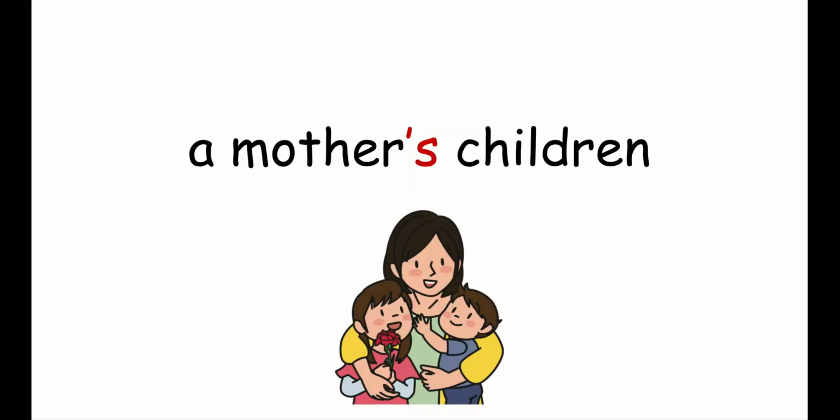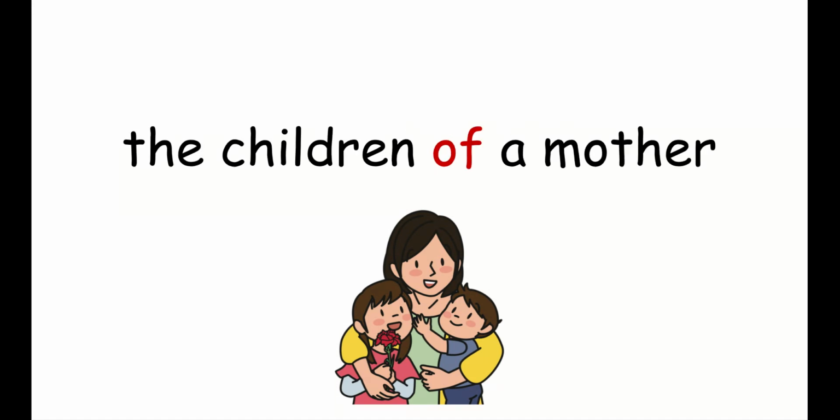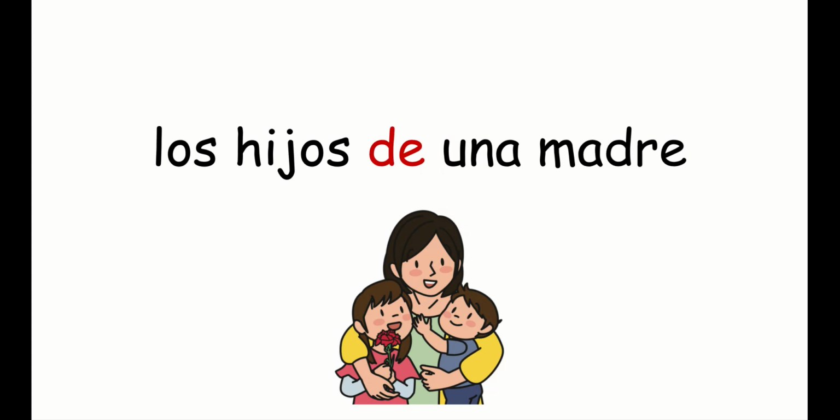So if we want to say a mother's children in Spanish, we can't use that apostrophe S, so we need to rewrite it in the order of the children of a mother. Now that we've got it in this word order, we can change all the words to Spanish and say los hijos de una madre. So now we know that los hijos belong to una madre, a mother's children.